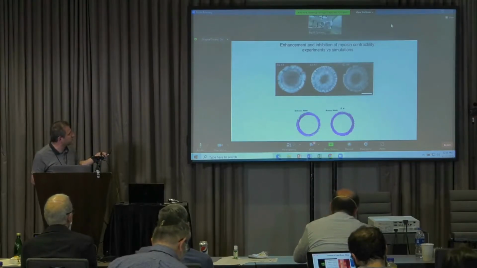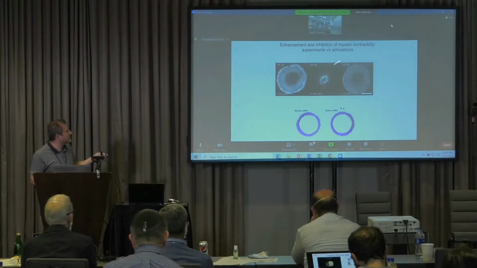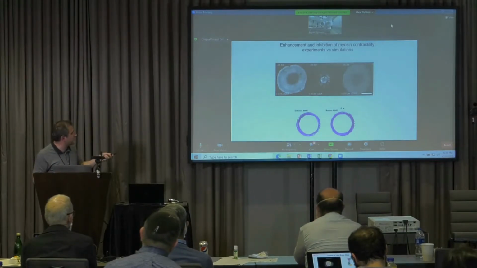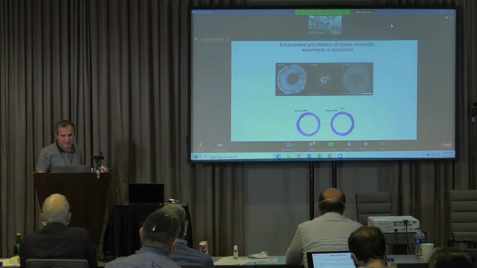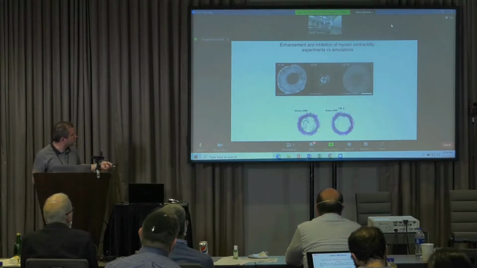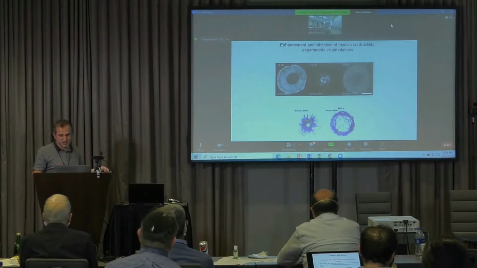Here you can see that by inhibiting or accelerating myosin, in one case the ring constricts, and in another case it gets disordered. Then we can do simulations and reproduce many of these phenotypes.